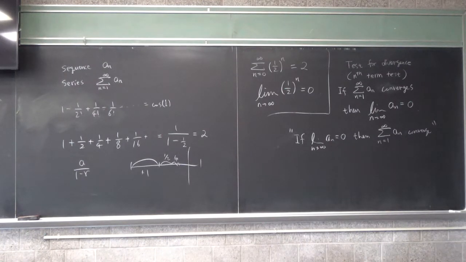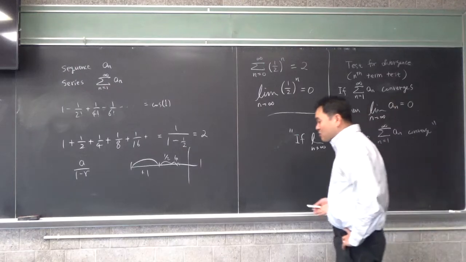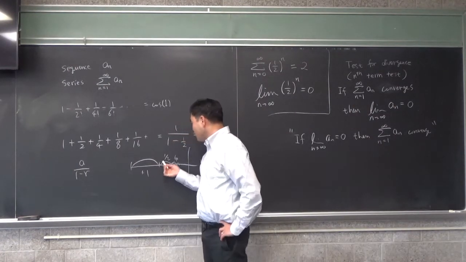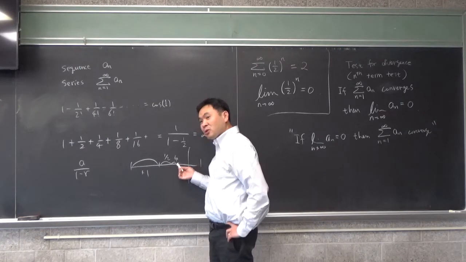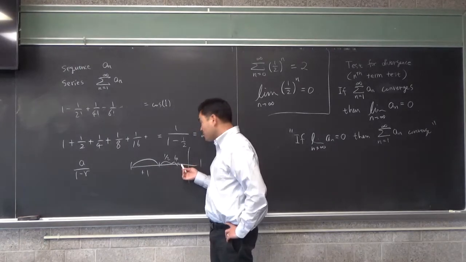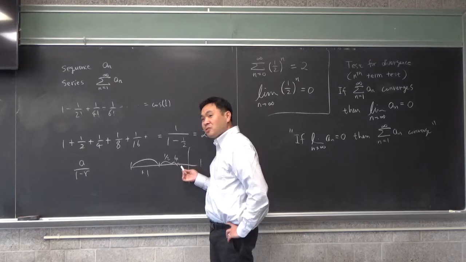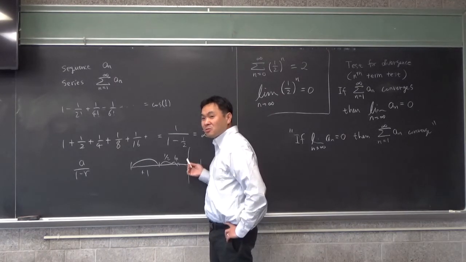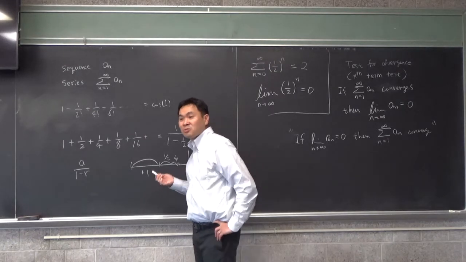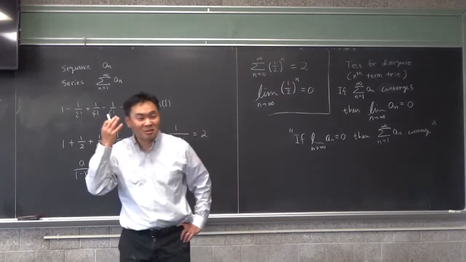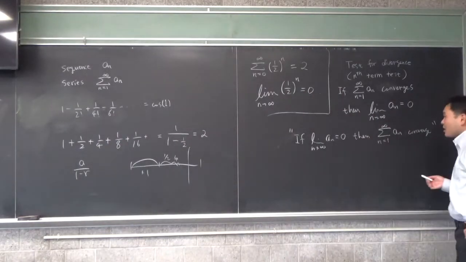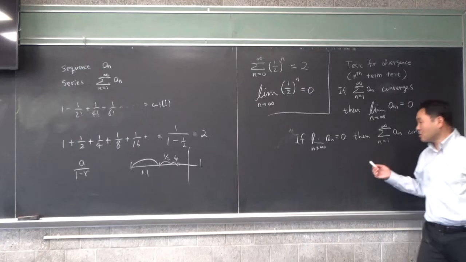It's a bit counterintuitive because you think, if you're always going to the right and your step sizes are getting smaller and smaller, wouldn't you at some point arrive at something? How can it still go to infinity? That doesn't really make sense to you. But surprisingly, I gave you two examples.